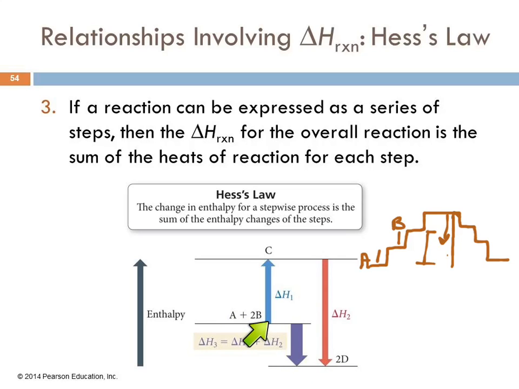If this can be described as first going from A plus 2B to C, and then from C to D, because perhaps these are things that we could measure, but this one we can't measure for some reason, we can figure out what this change is by adding these changes together. Does that make sense? So here we've got a positive change in enthalpy and a larger negative change in enthalpy, and you add them together and you get this total, which is a negative change in enthalpy. So it's just adding.